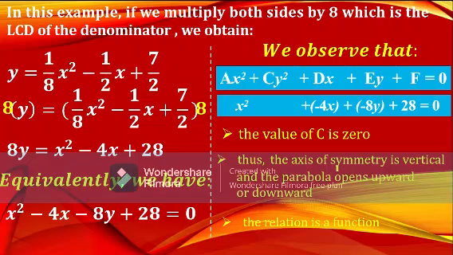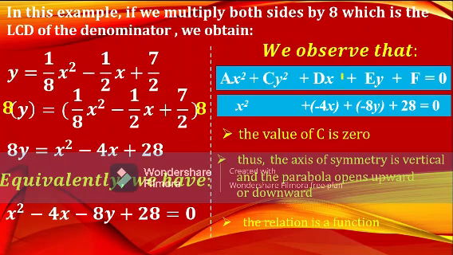So, going back to the general form of the equation, ax squared plus cy squared plus dx plus ey plus f is equal to 0, we're going to compare the resulting equation. You write x squared here. Our cy squared is unknown, we don't have y squared here.